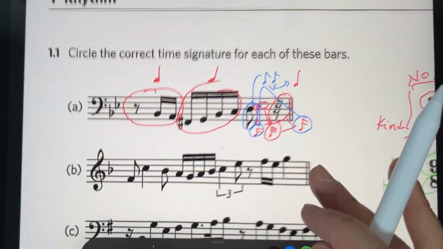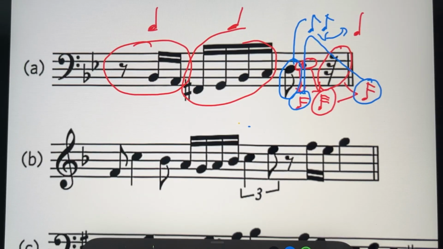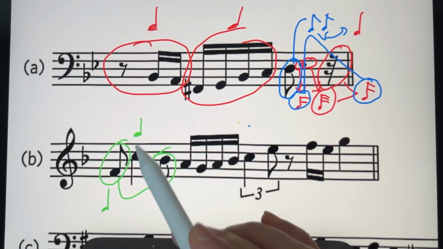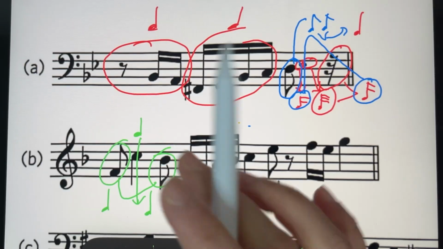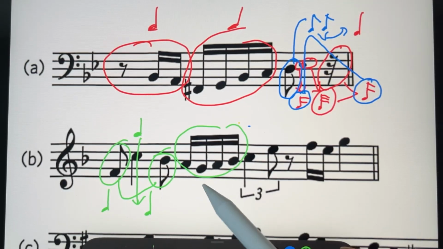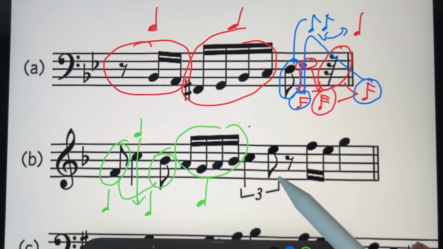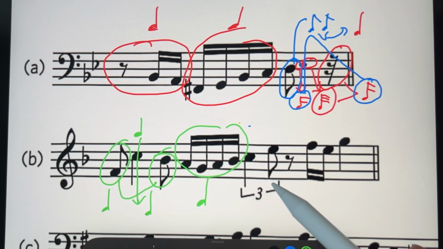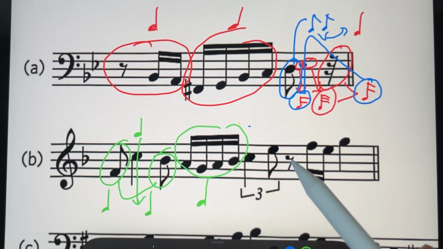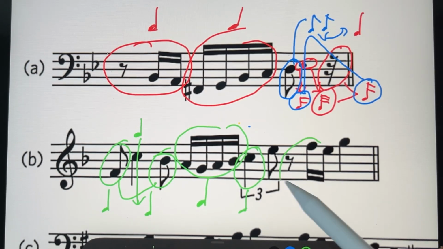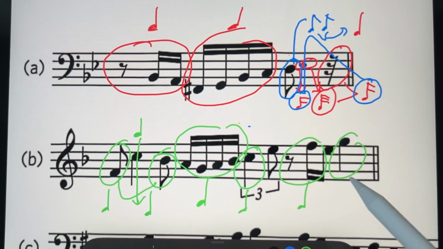Alright, so let's come over here. Let's group them into quarters first. So this is 1 quarter, second quarter, which I bring over here. Now this is 1 quarter, and this is a triplet of 3 quavers. So the value of 2 quavers is 1 quarter, and this is 1 quarter, and this is 1 quarter.